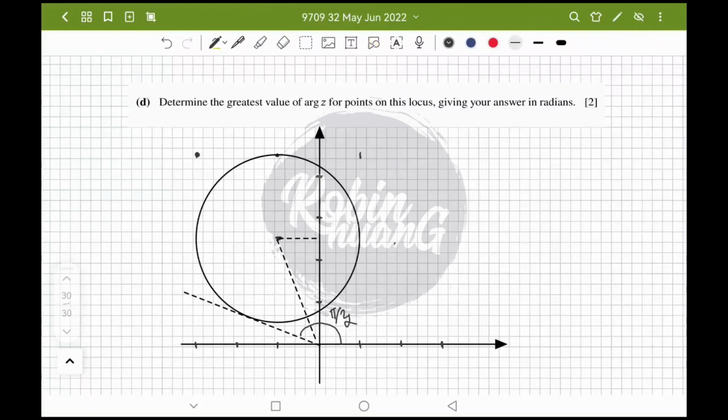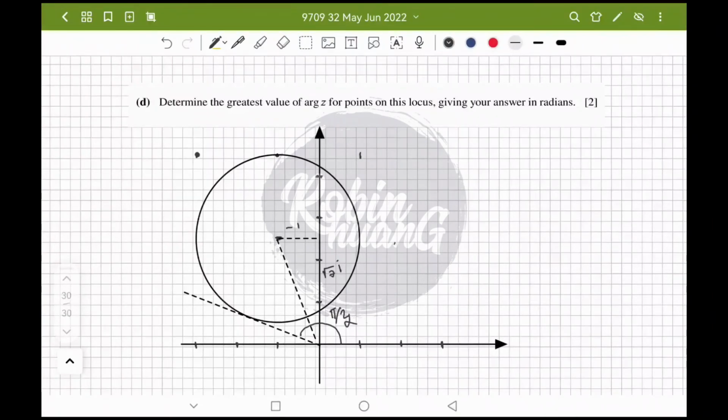We can find part of the angle using the center of the locus. Here we have -1 and square root of 7i.